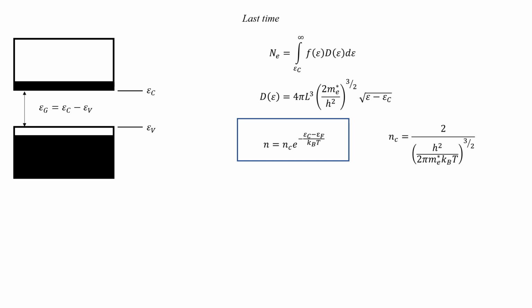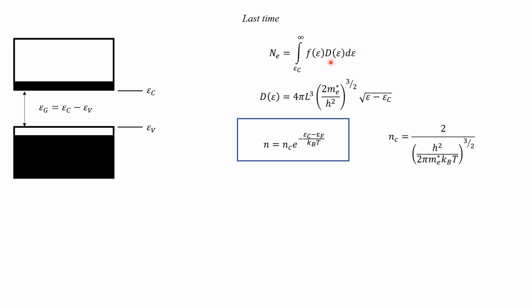Okay, so last time we obtained the number of free electrons, in other words, the number of electrons in the conduction band using the concept of density of states, which actually should be called density of orbitals. So we did that by taking the number of orbitals within an energy range. So this term is the number of orbitals within this energy range.